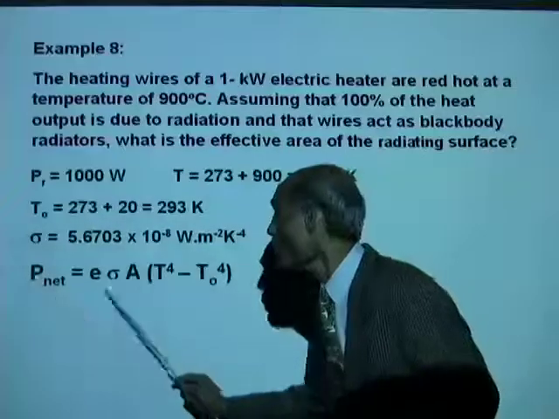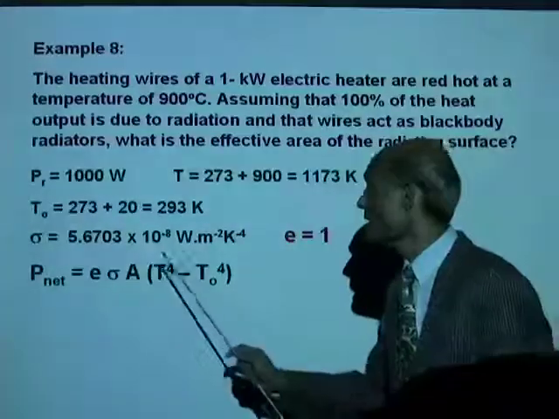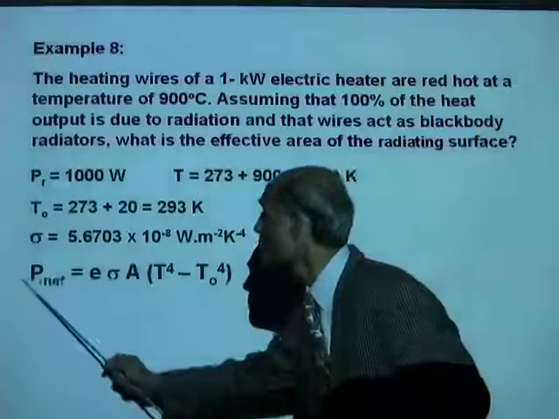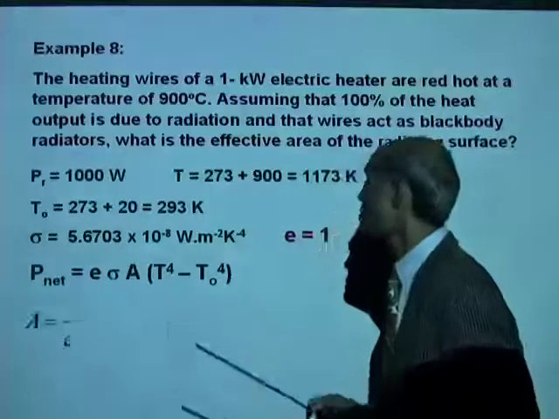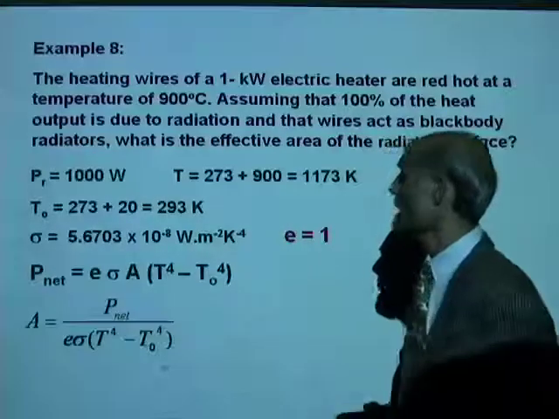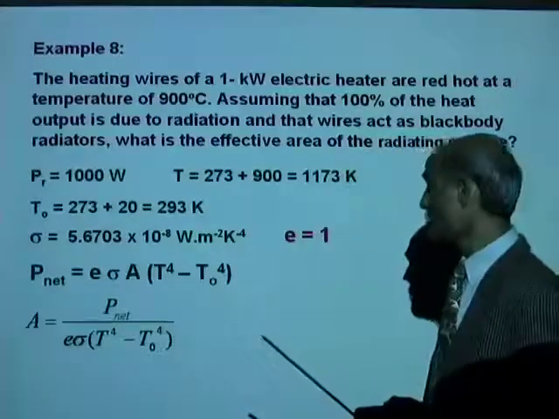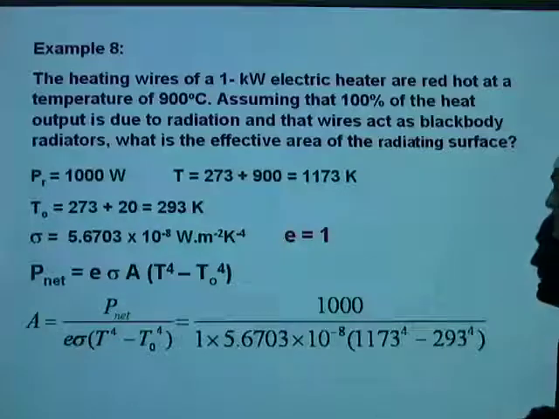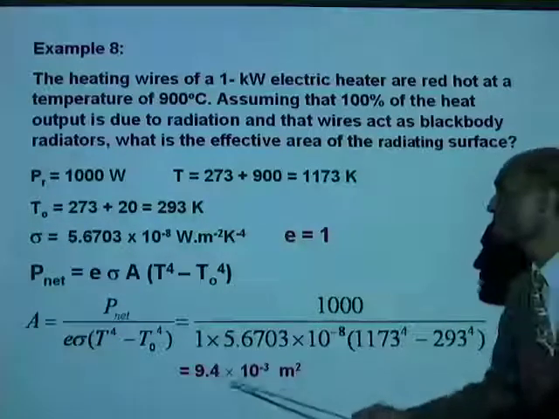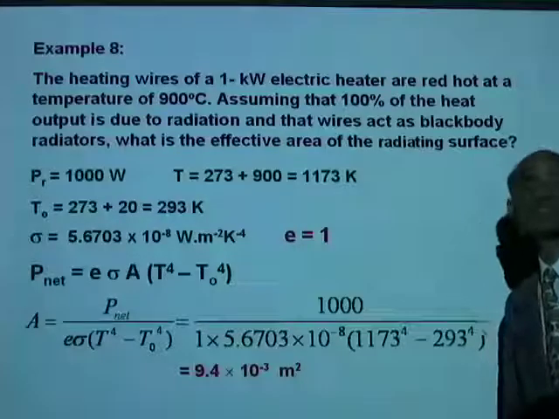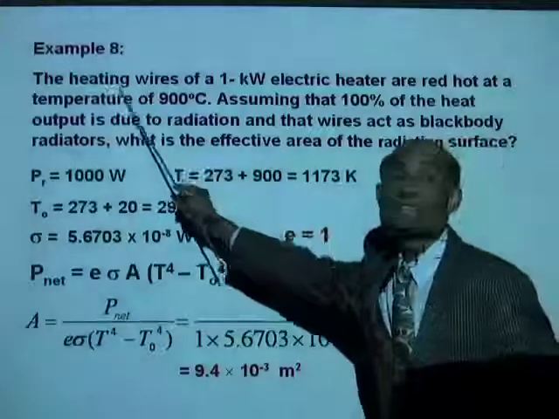And we know all these quantities except A. So solve for A. A will be equal to P net divided by E sigma times T to the power of 4 minus T0 to the power of 4. And now put in the values of all those numbers in there. Right? And that's equal to 9.4 times 10 to the negative 3 meters squared. That is the area of the heating wires.